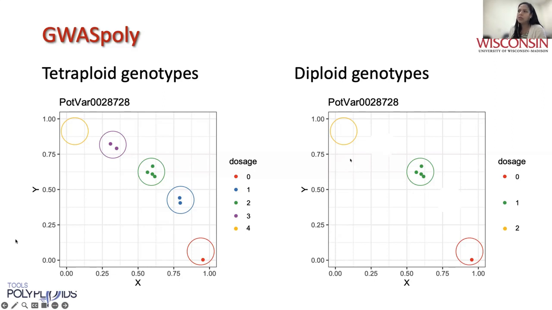Since they are just diploids, we will have dosage 0, 1, and 2 instead of 0, 1, 2, 3, and 4. When these genotypes have been assigned, if we just combine these data sets, then we will have dosages of 0, 1, and 2 for the diploids.